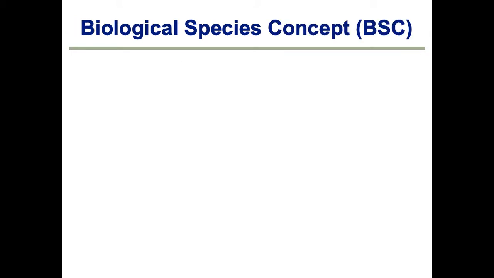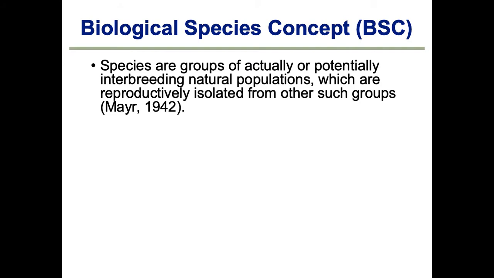So the next species concept is probably the one everybody thinks of. It's called the biological species concept. And it says basically that species are groups of actually or potentially interbreeding natural populations, which are reproductively isolated from other such groups. So the idea is that the two individuals can breed and produce offspring.